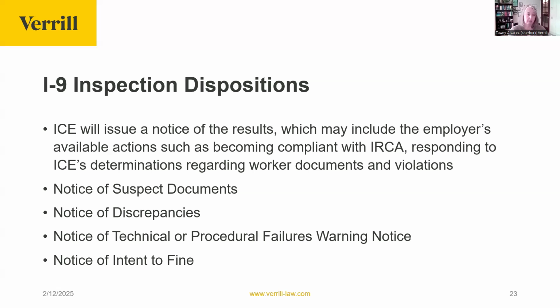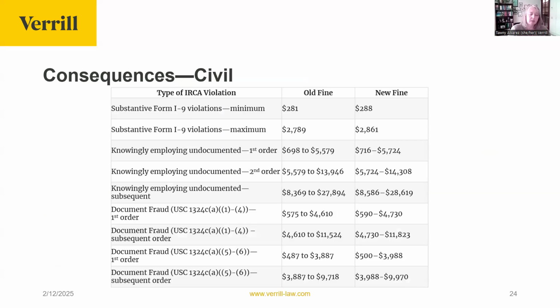As you do internal audits, it's hard to determine whether or not you have issues or discrepancies more generally because there's not a document to look at. And you cannot go back to employees and request that they provide a copy of the document that they've previously provided to you. Let's go to the next slide.